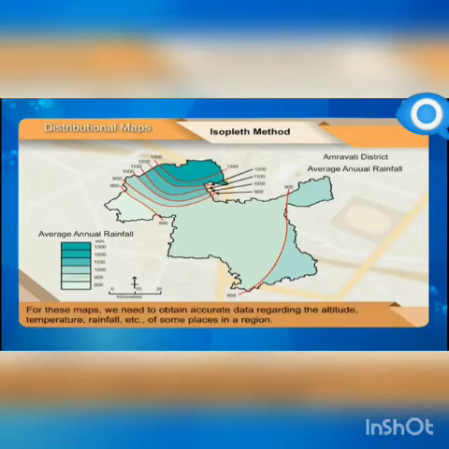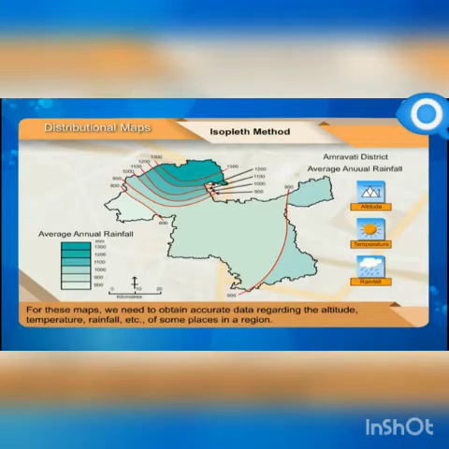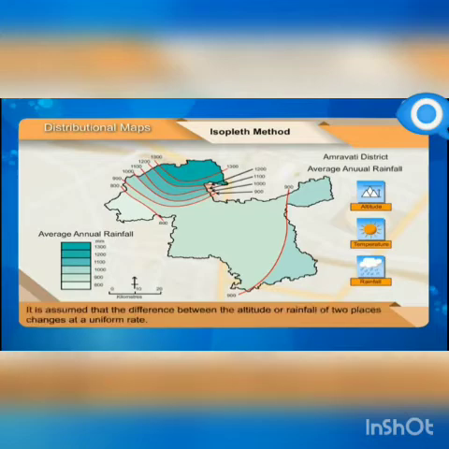The same line shows that in this area the value of the variable like altitude, temperature, rainfall is the same. Here it is shown, Amravati district average rainfall.